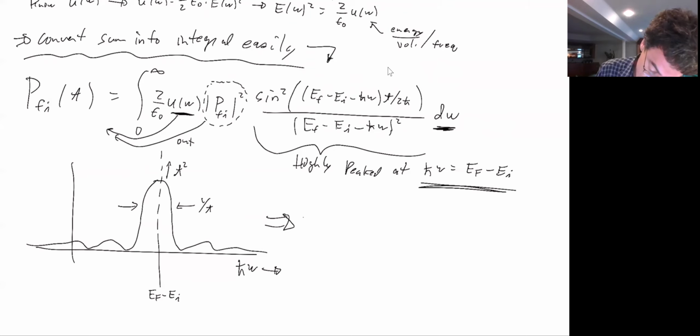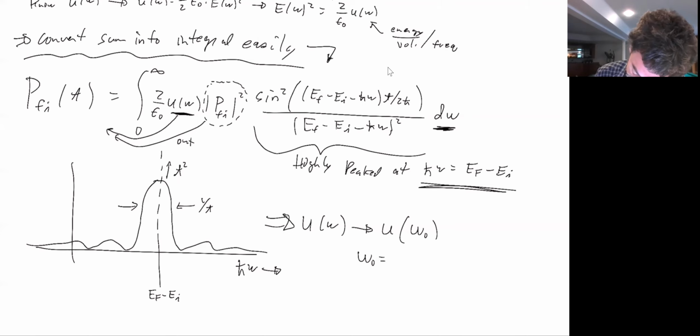So U of omega goes to U of one particular frequency, U of omega naught, where h bar omega naught is equal to EF minus EI. And so omega naught is just 1 over h bar times that.